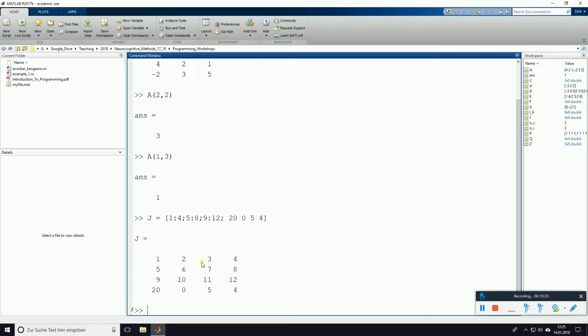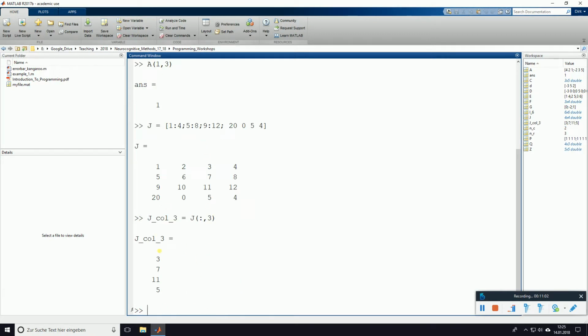So now we have a 4x4 matrix J, and if we want to, for example, extract the entire third column, we would write J, the colon for everything, and 3 for the third column. So this extracts everything in the third column, that's what the colon operator says. So we get 3, 7, 11, 5.